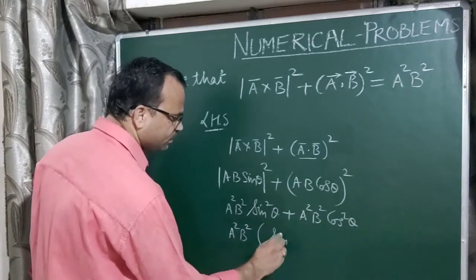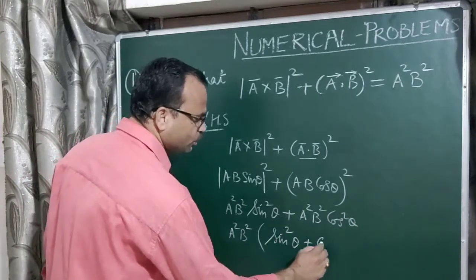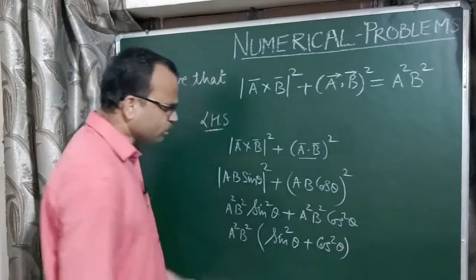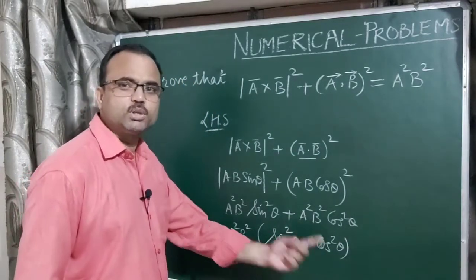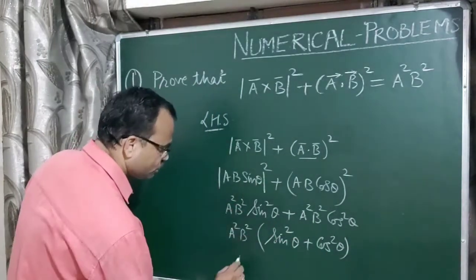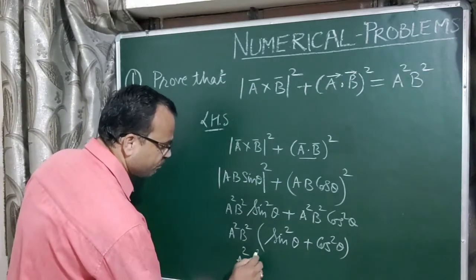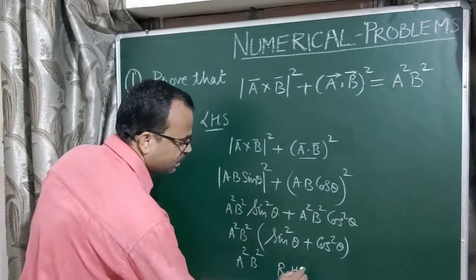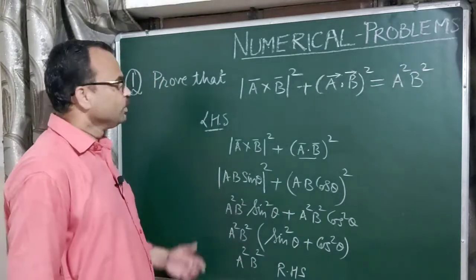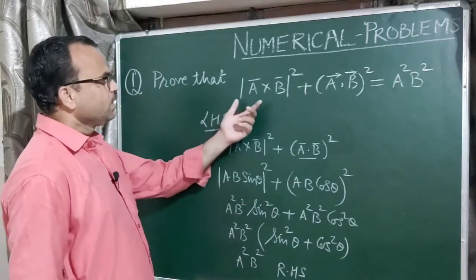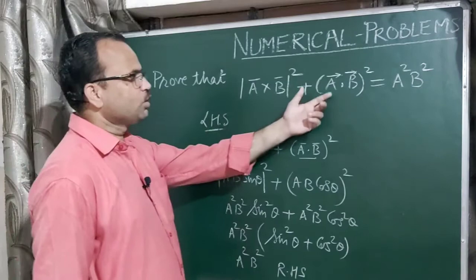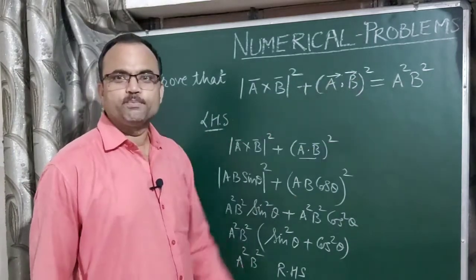Inside the bracket remains sin squared theta plus cos squared theta. As we know, sin squared theta plus cos squared theta is equal to 1. So we get only A squared B squared. It means this is the right hand side portion. In this way, |A vector cross B vector| squared plus (A vector dot B vector) squared is equal to A squared B squared.